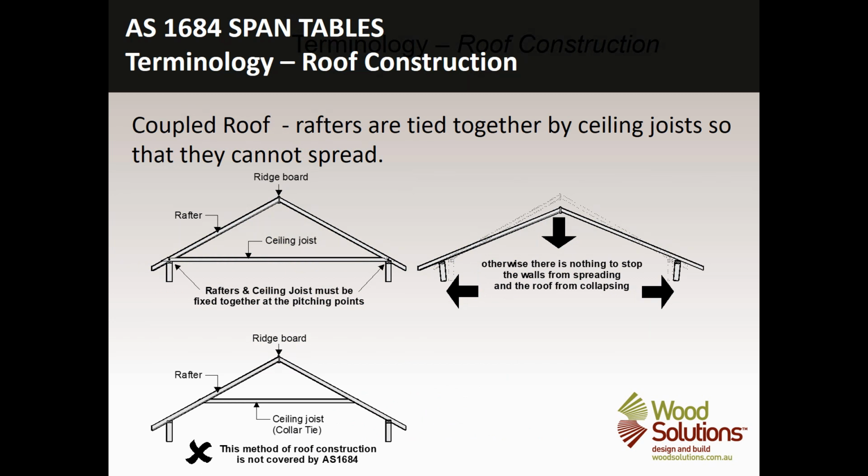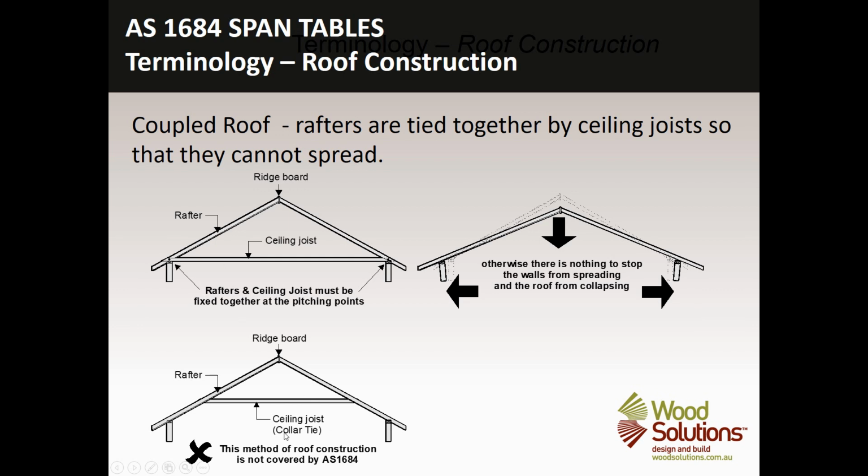So a coupled groove is whereby we have the rafters joined together, stopped from spreading by a ceiling joist and or collar tie. What we have here, it says this method of construction is not covered by Australian Standard 1684, where we simply have a collar tie joining the two rafters.